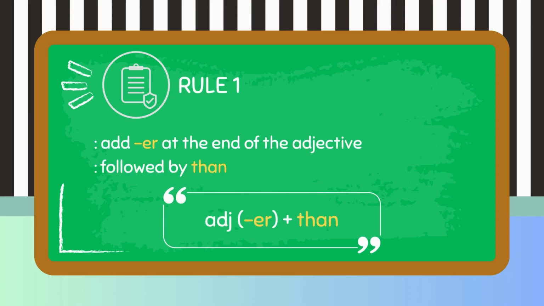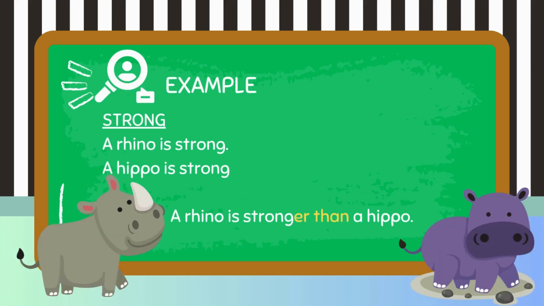Rule number 1. For most short adjectives with one syllable, we simply add the suffix er at the end of the adjective, followed by than, as you can see the formula in the box at the bottom of this slide. Now, let's look at the following example.